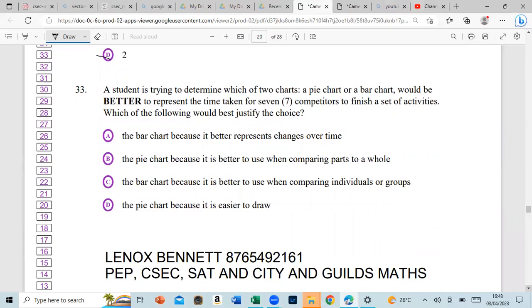B, the pie chart because it is better to use when comparing parts to a whole. C, a bar chart because it's better to use when comparing individuals or groups. Or D, the pie chart because it's easier to draw. I'm going to go with C, the bar chart because it's better used to compare individuals. Each one of them would have 7 bars and then we could make a better comparison.